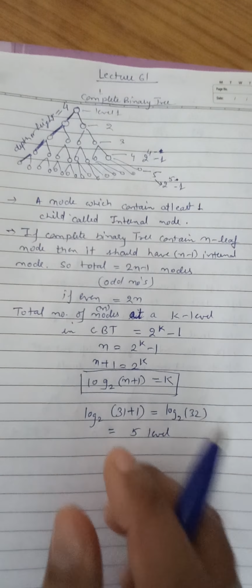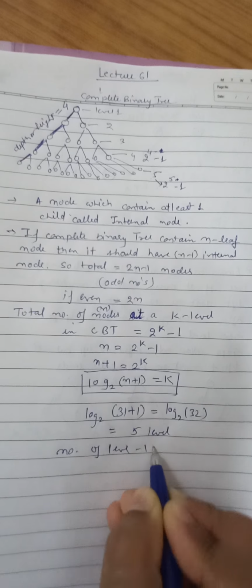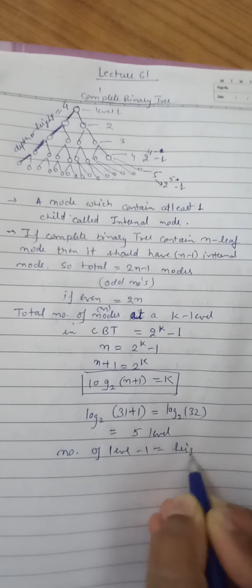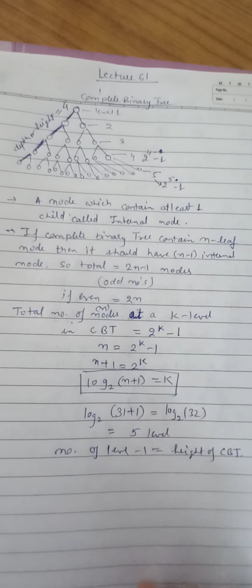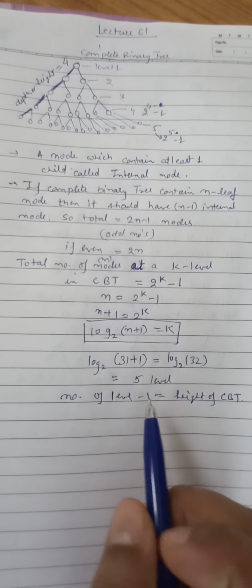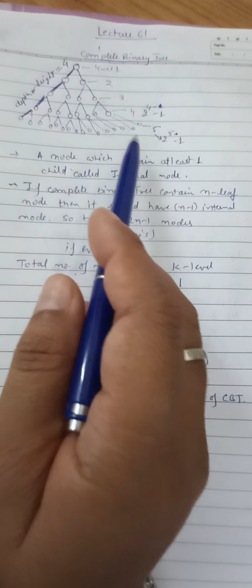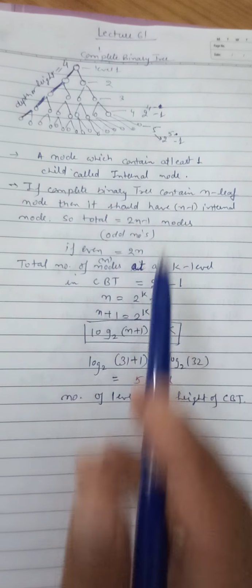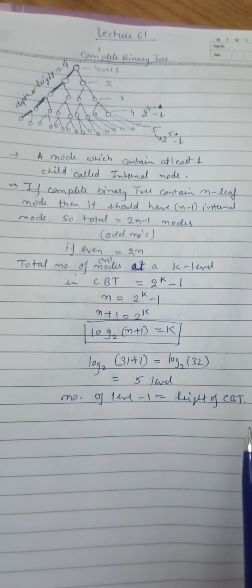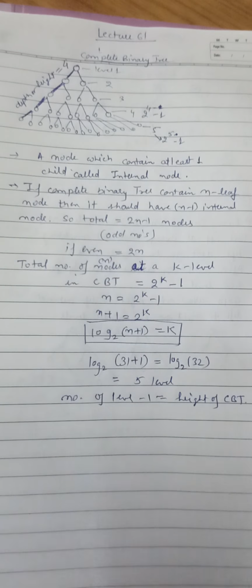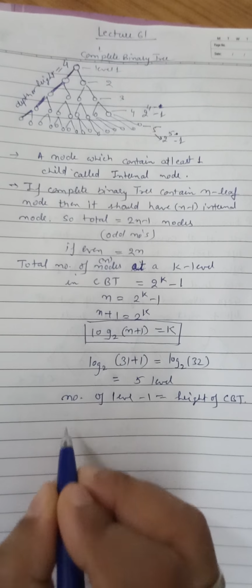Or we can say number of levels minus 1 is equal to the height of a complete binary tree. Number of levels minus 1, here the number of levels is 5. So number of levels minus 1 is equal to the height, or we can say depth.